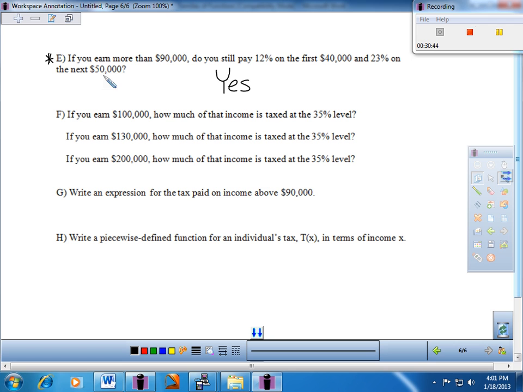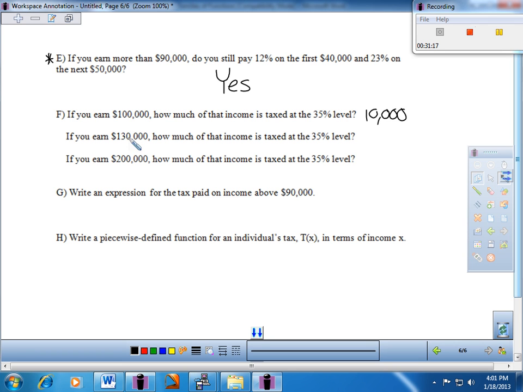So that gets us into F. So let's think about it. If we earn six figures, if we earn 100,000, how much of that is taxed at the big level, at the 35% level? Not all of it, as we've seen. Anything above 90. So I'm hoping you would agree, that's how much is above 90,000. Only the money above 90,000 is taxed at this level.